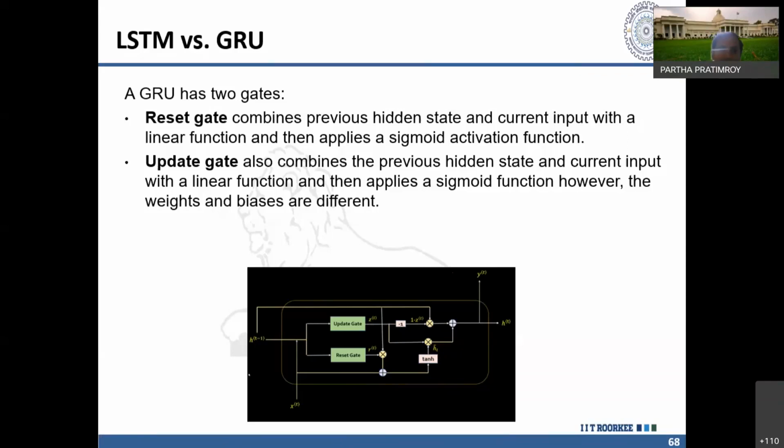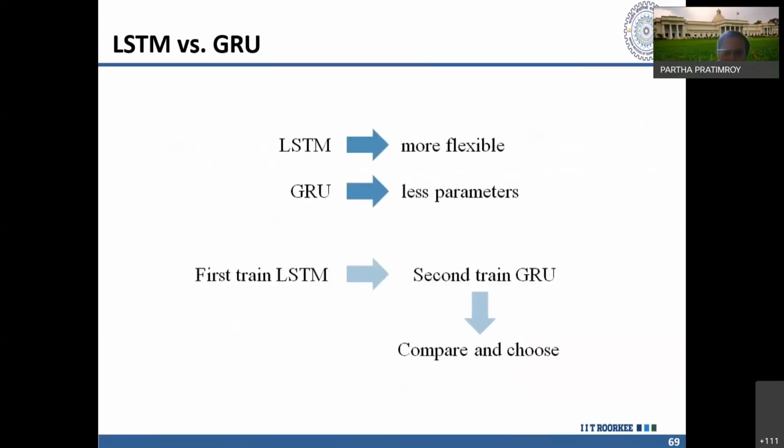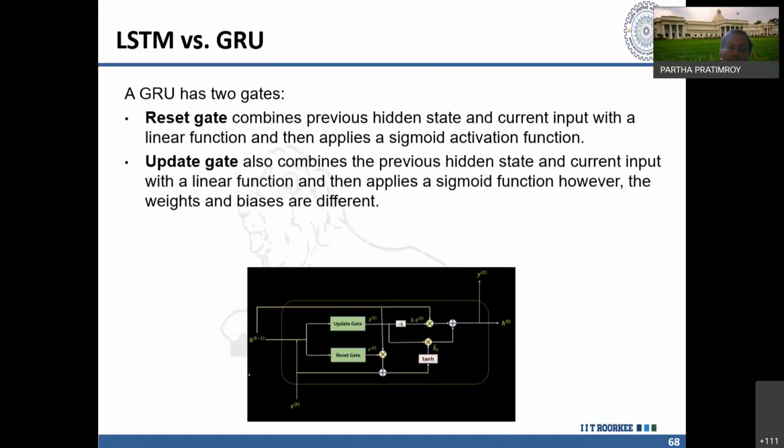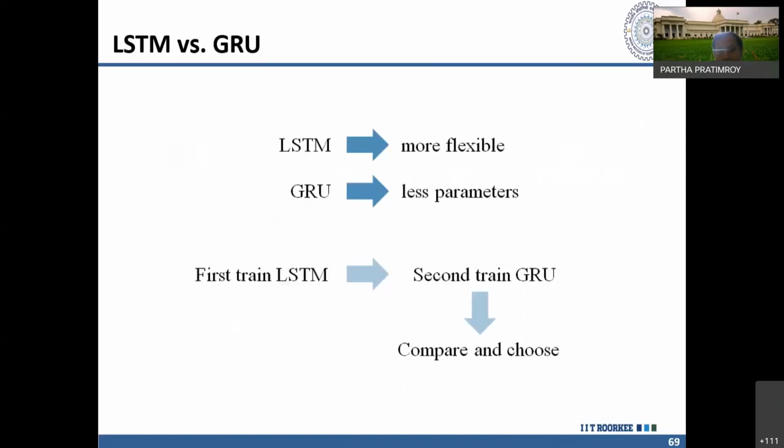Okay, so you will see this in the hands-on and then you will understand how these gates are actually used. So when you run an application, what architecture will you be using: RNN, LSTM or GRU? LSTM has more parameters, and it will usually give you better results.